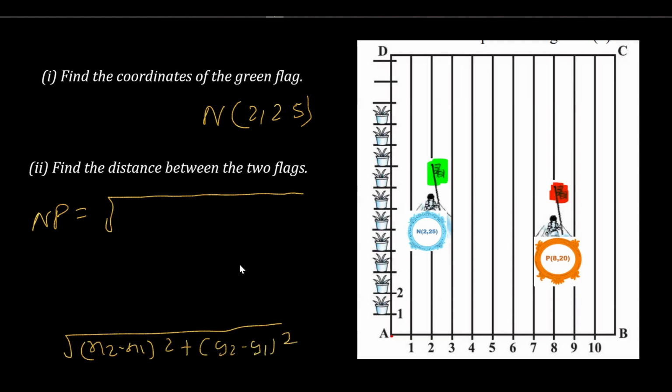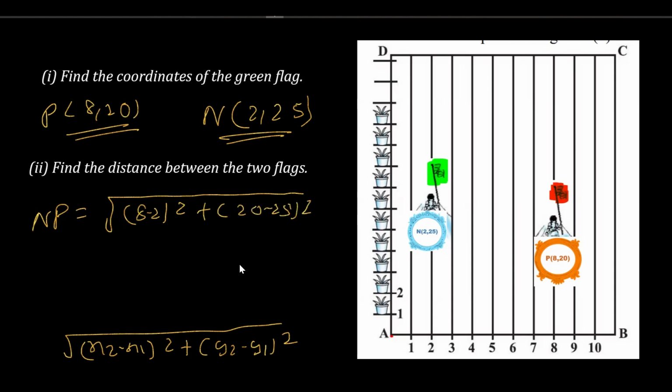Considering the other point, which we have already written as 8 comma 20, I'm taking this as 2 and this as 1. So x2 minus x1 is 8 minus 2 whole square plus y2 minus y1, 20 minus 25 whole square. That will give you the distance between them.